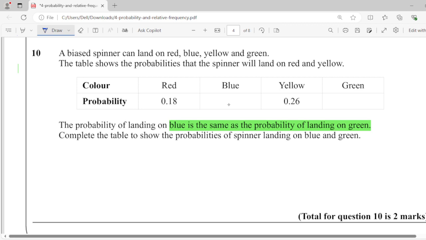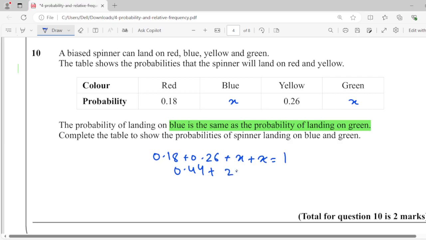I can represent blue by x and green by x. 0.12 added to 0.26 is 0.44.